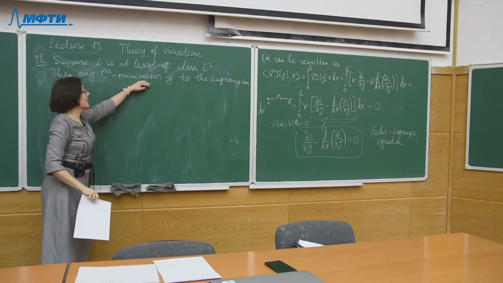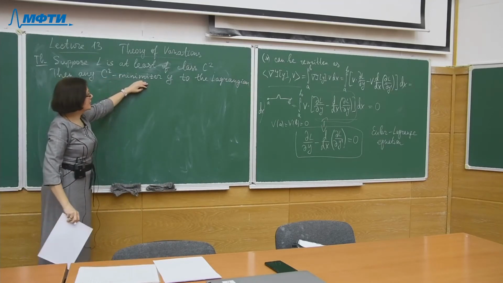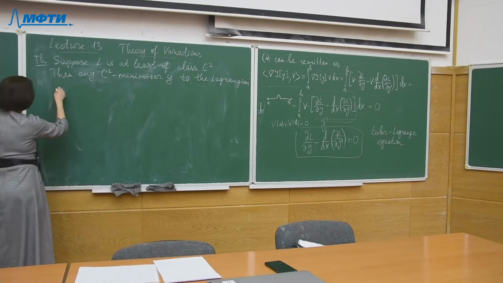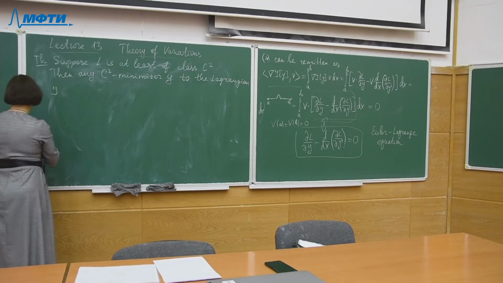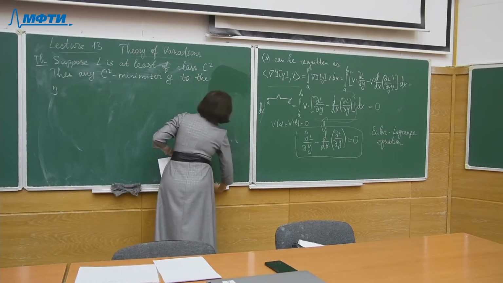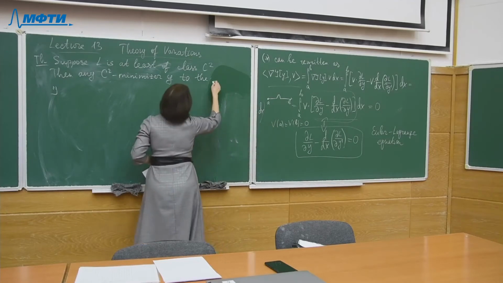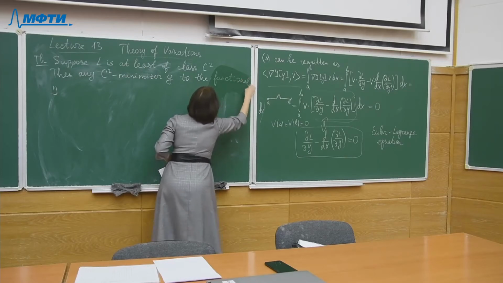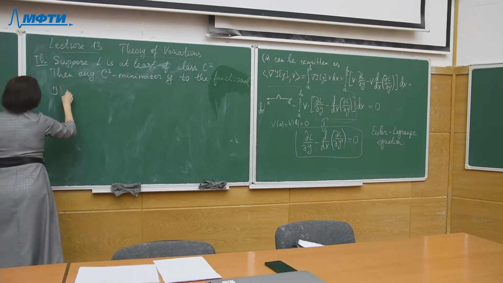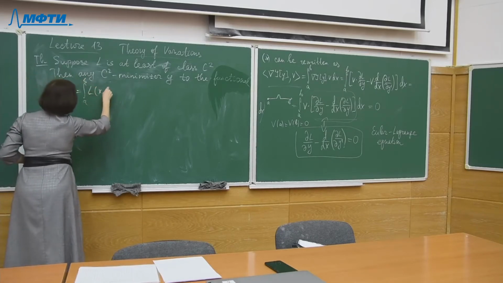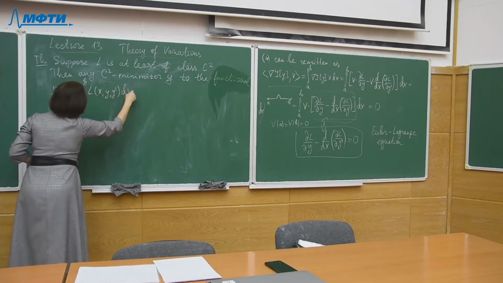C2 minimizer means that y is a function such that, not to the Lagrangian, to the functional. The Lagrangian is the integrand. So to the functional G of y, which is equal to the integral from a to b of L of x, y, y prime dx.